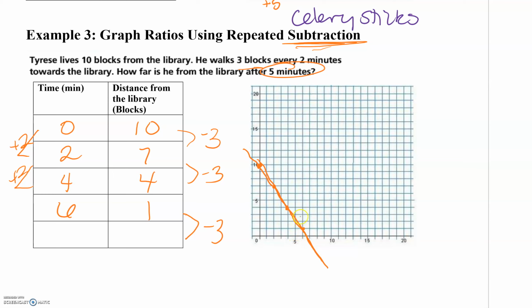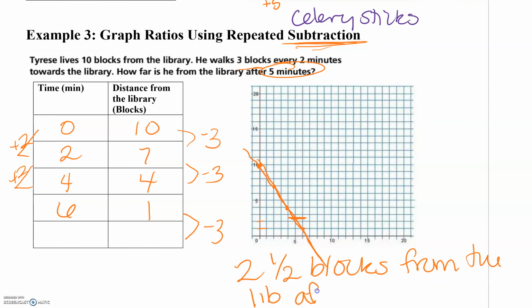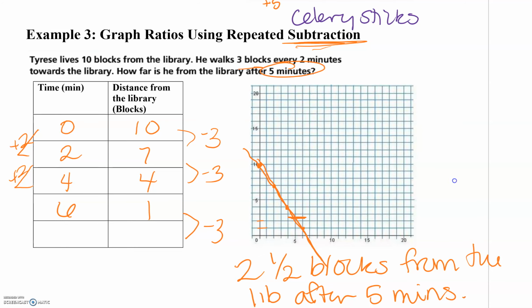So after 5 minutes, we're about right here, which would mean 5 minutes, 2.5 blocks. So we're about 2.5 blocks from the library after 5 minutes. When you're looking at these graphs, guys, it's really important to try to draw the best line so you can have the most accurate answer.